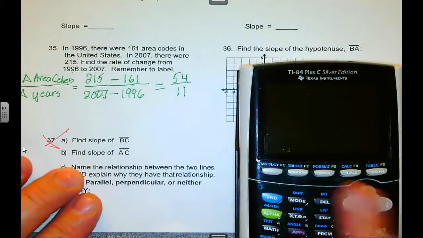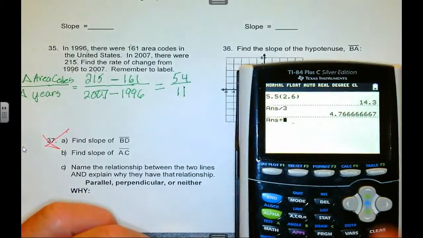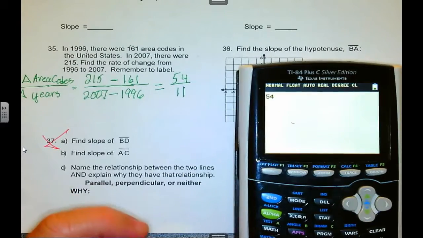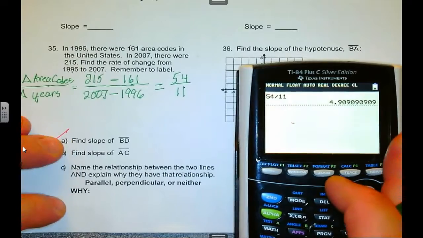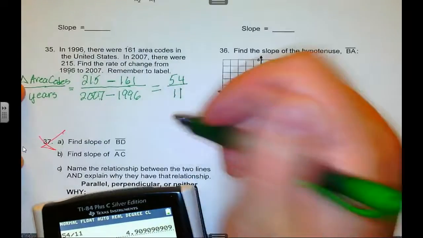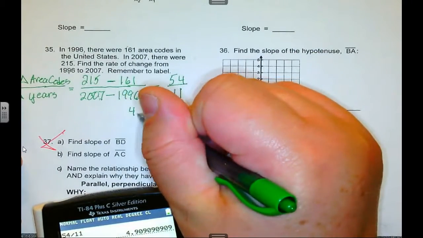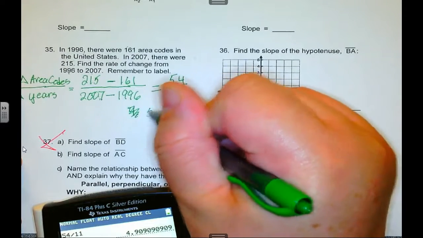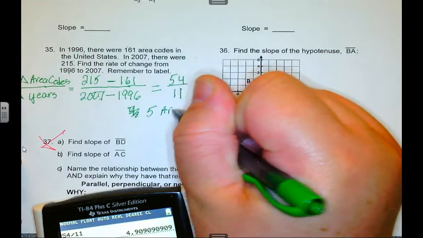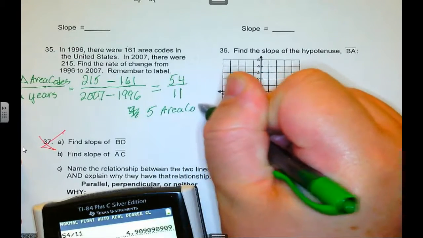And I know I screwed that up on yours the other day, Ethan, but it's my fault. 54 divided by 11, so 4.91. So let's just say 5 area codes, huh? 5 area codes per year.